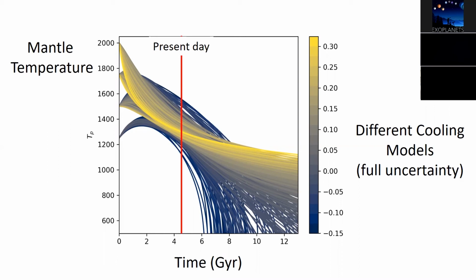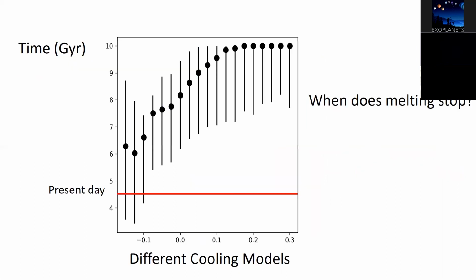The volatile cycling can only continue as long as melting is still occurring. For example, if melting shuts off at 1,000 degrees, we can predict a time when that melting will shut down.